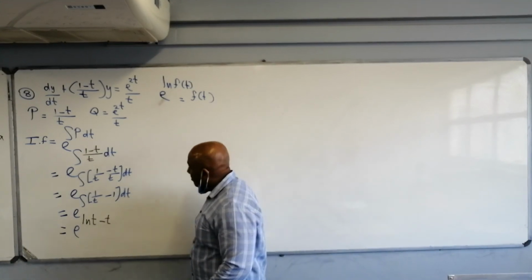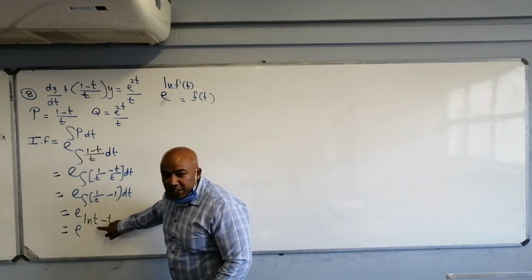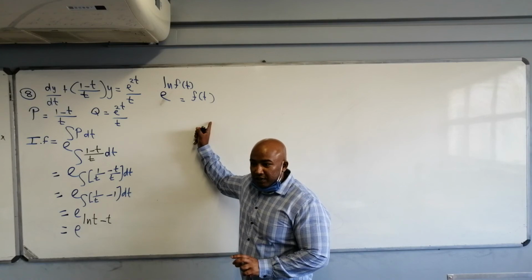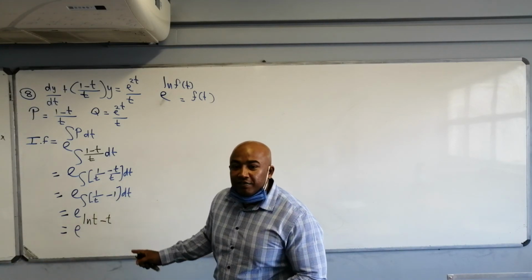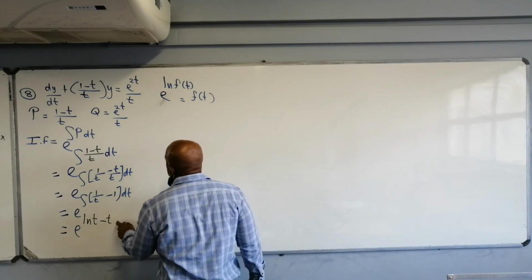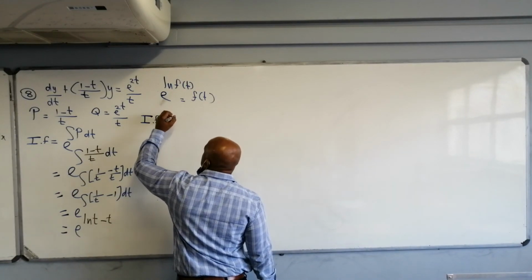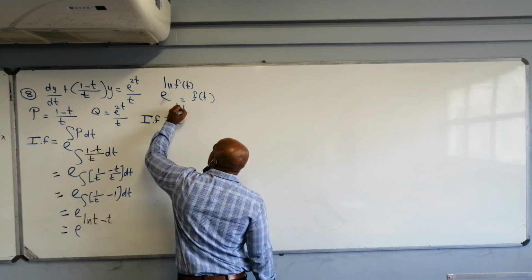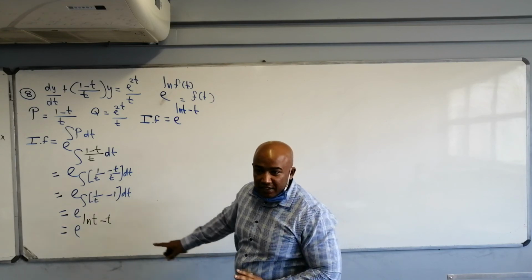Alright, so the problem here is we got the minus t here now, which is preventing us from applying the rule. So what do we do? We need to simplify further. So let's take this. So my integrating factor is equal to e to the power ln t minus t. That's at its current state.